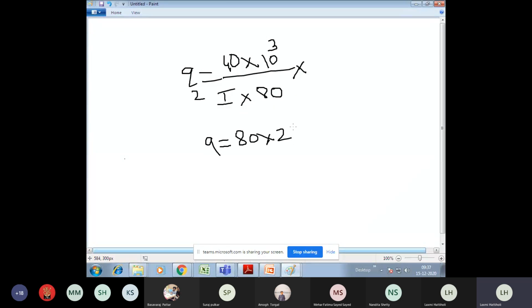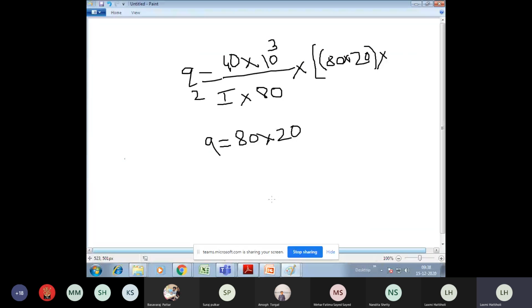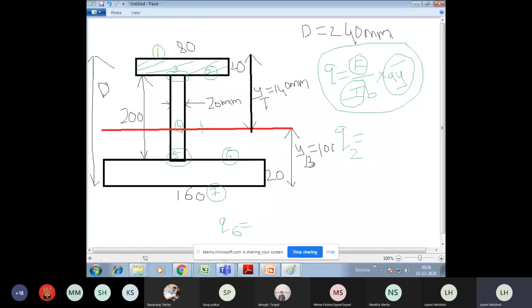So substitute A is equal to 80 into 20. I'll just substitute here itself 80 into 20, into Y bar. So can you tell me what is Y bar now? What is the meaning of Y bar?